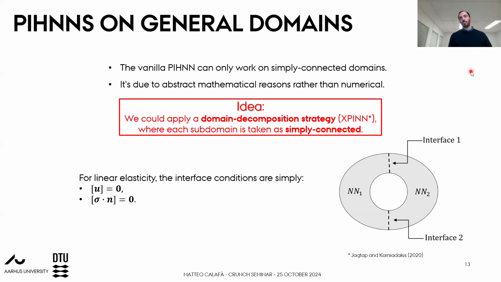So this can be simply supplied. As a recap, we employ two independent neural networks, but in the loss function, we sum up the residuals of the boundary conditions from the left, the residuals of the boundary conditions on the right, and the residual of these interface conditions. This is essentially the idea.